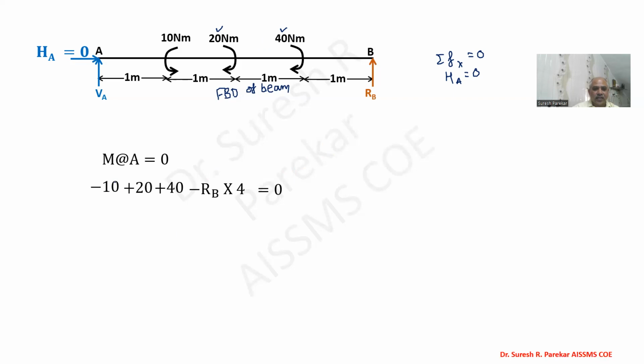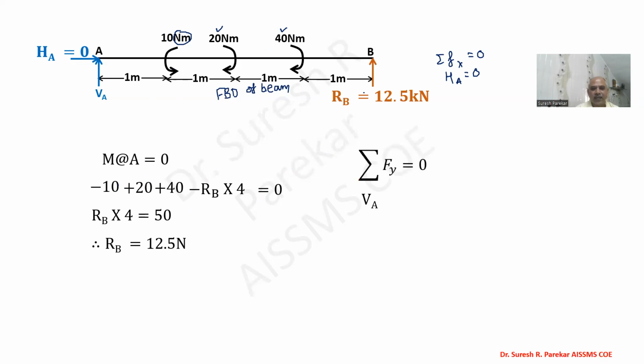We have not multiplied any distance with the moments because their unit is already Newton meter, so the distance is already included. From this we get RB into 4 equal to 50, and RB equal to 12.5 kilonewton.